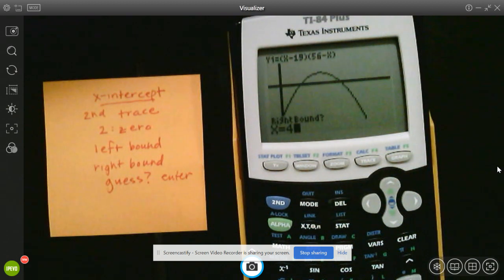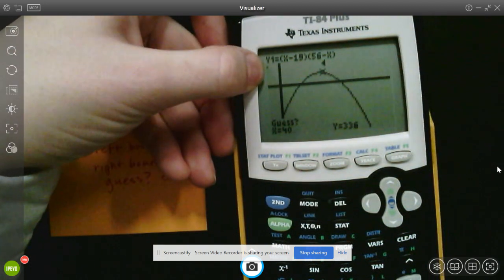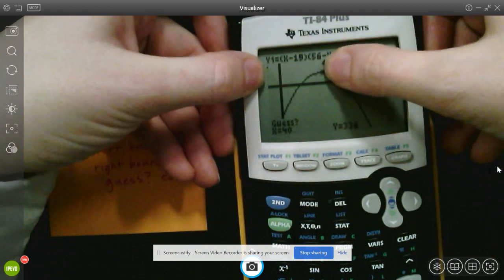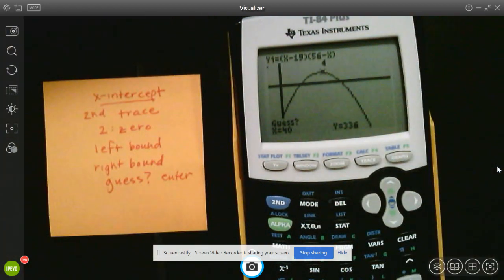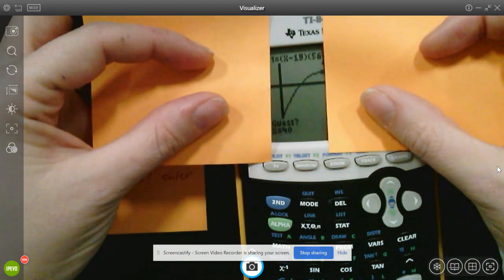Now, your right bound can be slightly different than mine, but what matters, and you can see this right here, is this little arrow. You can't see the other part over here. It's another triangle. It's showing that we're telling the calculator to look between these 2 boundaries and tell me the x-intercept between them.